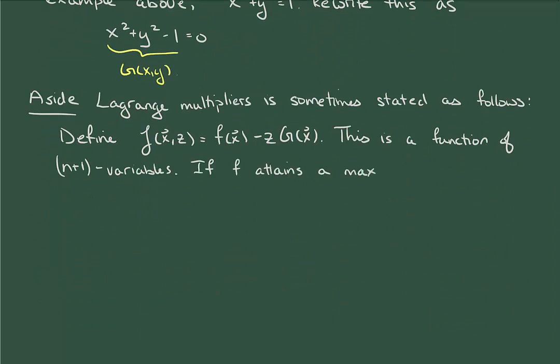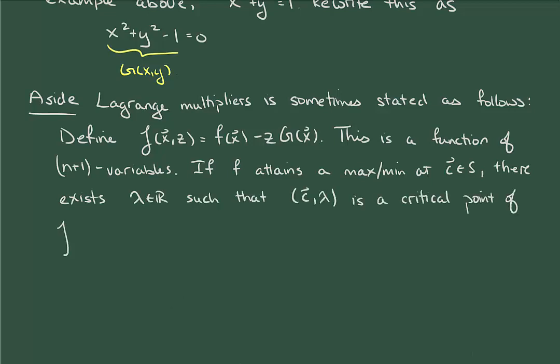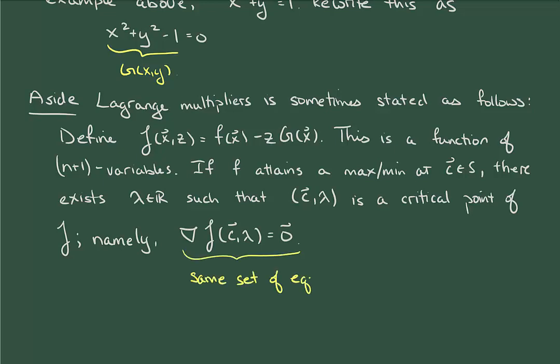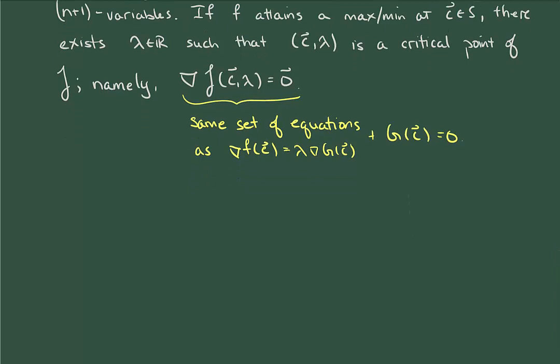And the theorem now goes that if f achieves a max or a min at a point c, there exists a lambda in the real numbers such that (c, lambda) is a critical point of L, namely that the gradient of L at that point is equal to 0. And this defines the exact same set of equations as we had above, where the gradient of f was lambda times the gradient of g, but it also includes inside of it this fact that g of c has to be equal to 0. So let's run an example.